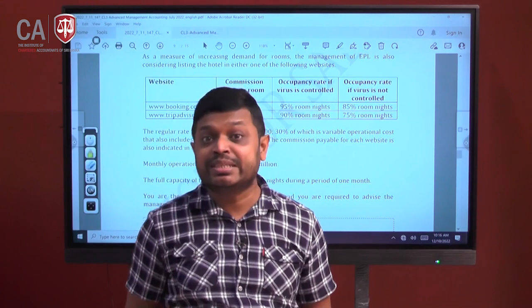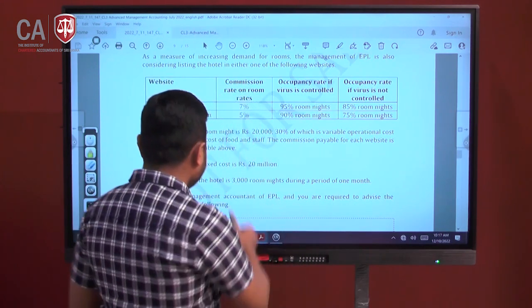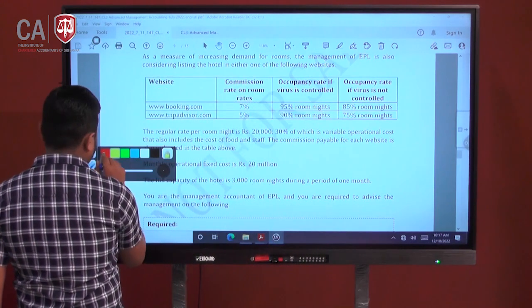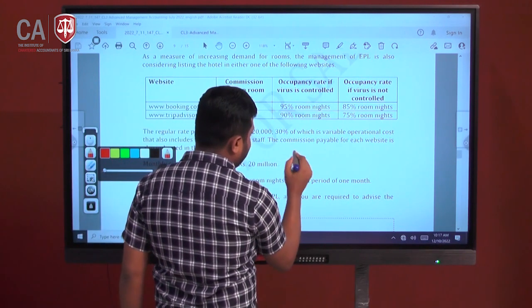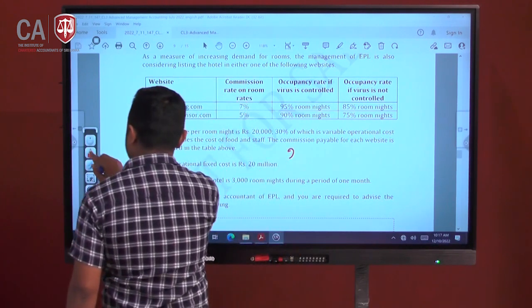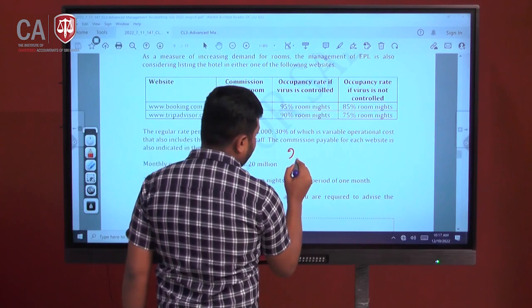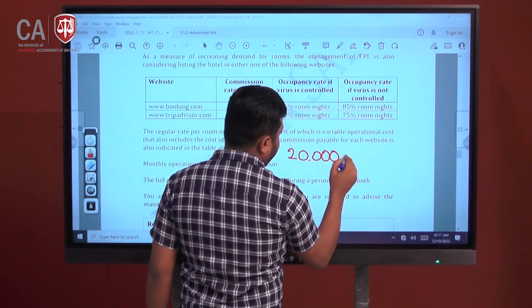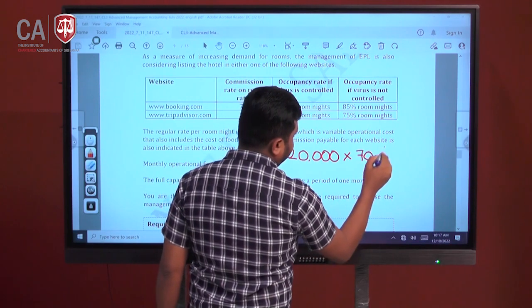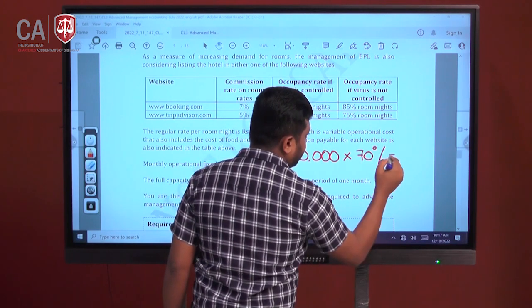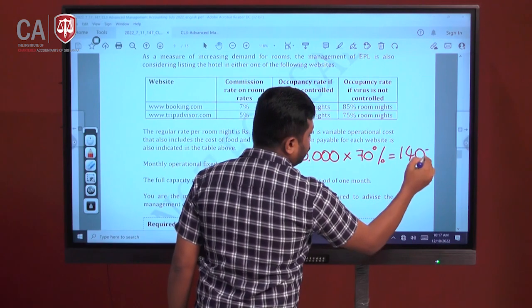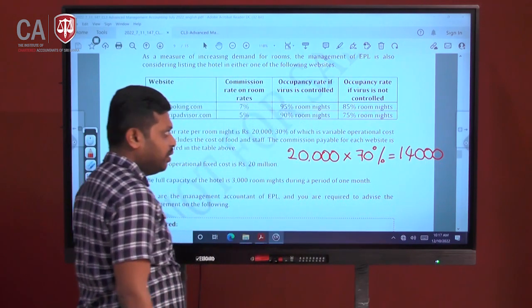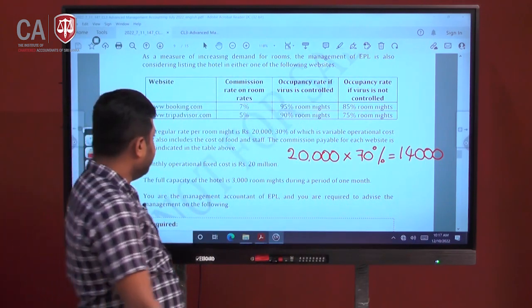And 70% is the contribution. 20,000 into 70% means the contribution is 14,000 per room night.